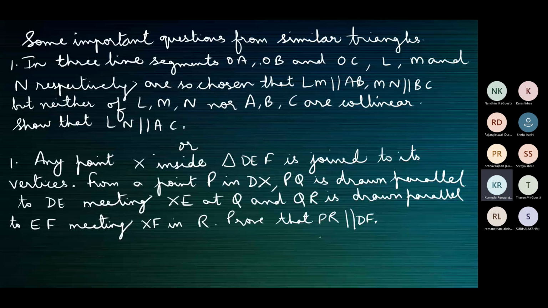In 3 line segments, OA, OB, and OC, L, M, and N respectively are so chosen that we'll have to choose L on OA, M on OB, and N on OC, such that LM is parallel to AB and MN is parallel to BC.